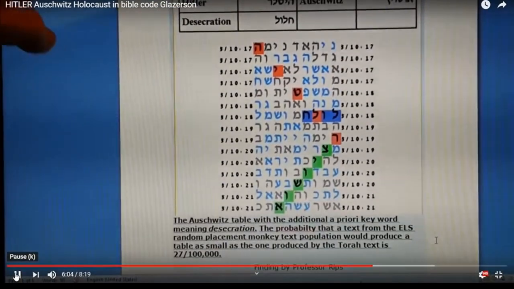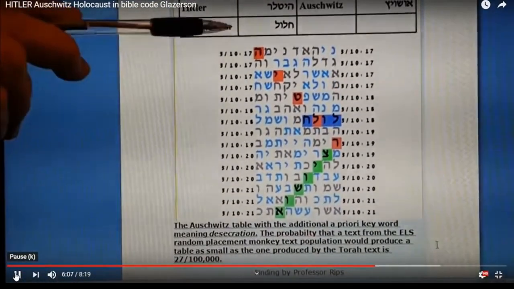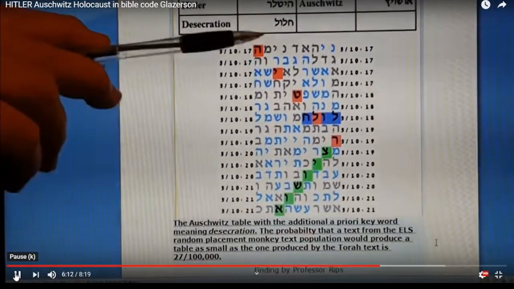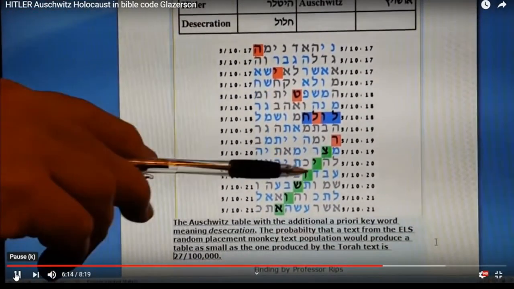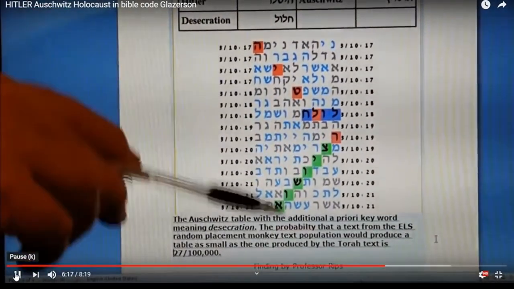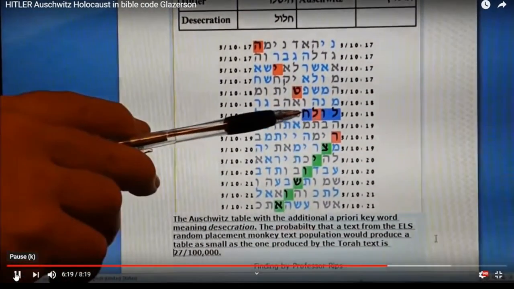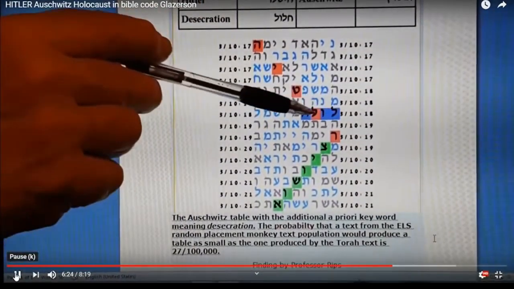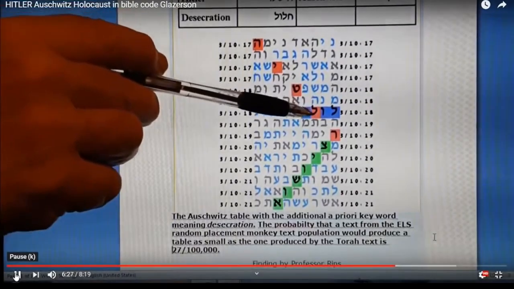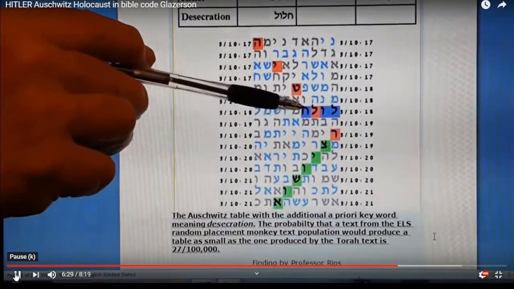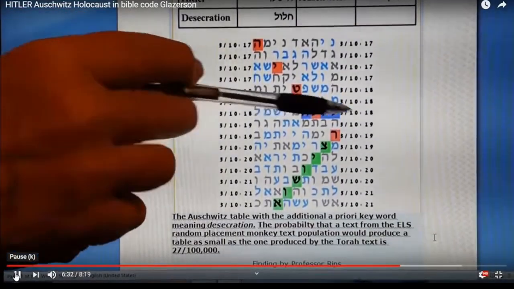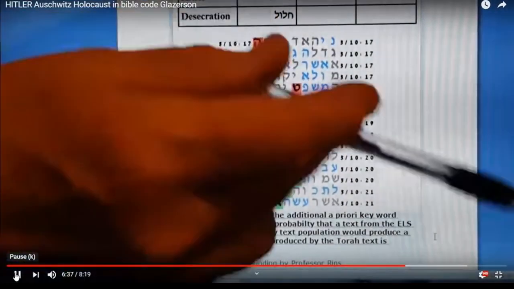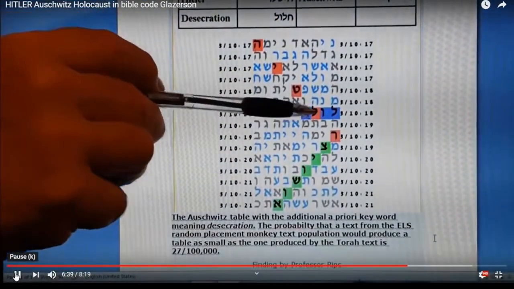This is the same table of Professor Haralick, and what you have here is amazing. You have the same places like Hitler, you have Auschwitz. Now, Professor Rips found here the word chilul, desecration, which he clearly realizes is exactly what is behind the Holocaust, because it was desecration of holiness, of sanctity between men and women. We know, unfortunately, there was a lot of assimilation and desecration of the Sabbath.